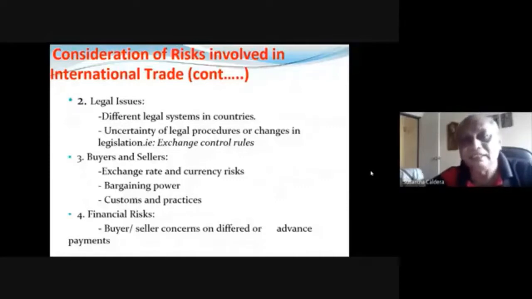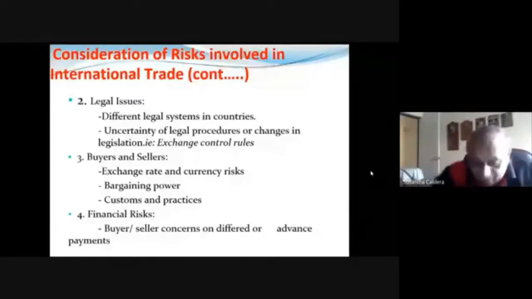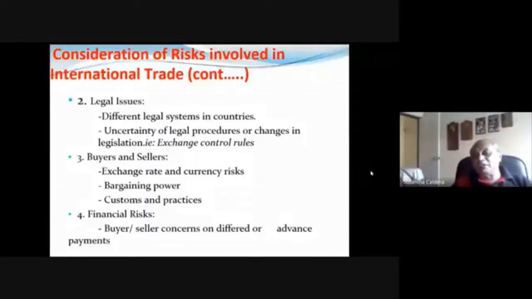Then another risk we have to consider is buyers and sellers. Buyers and sellers, of course, are in two different countries, and their respective countries' exchange rate and the currency risk they are having, right? Then the bargaining power. Some are powerful in bargaining, some are not, right?